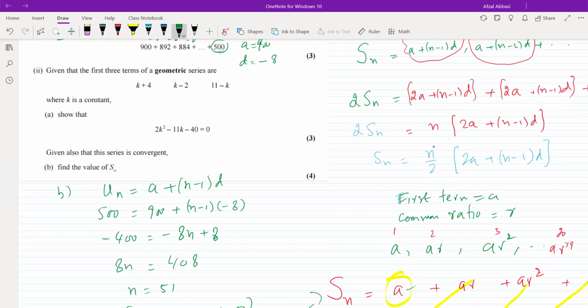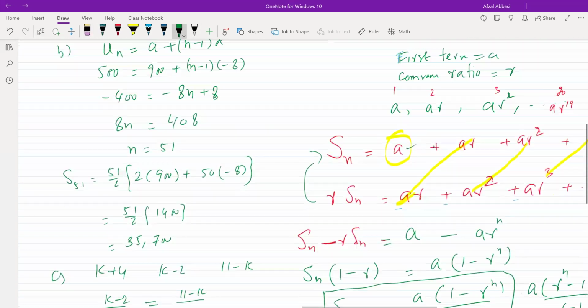Suppose this was given as arithmetic. Then you would say k minus 2 minus k plus 4 gives the value of d, which must equal, since I have used the first two terms to find d, now the second and third term: right term minus left term. That will form the equation, and we can solve it or do whatever we are asked to do. The main thing is how to form the equation. So that is how we form the equation for this case, if it is arithmetic instead of geometric.